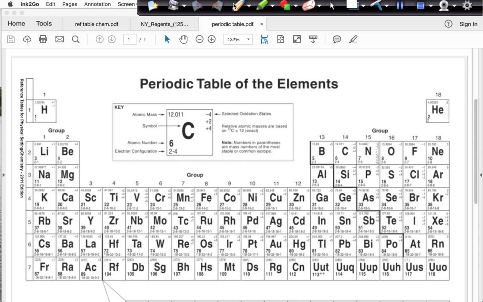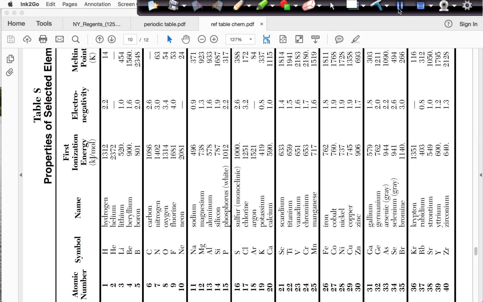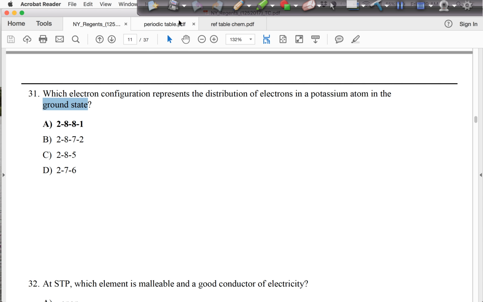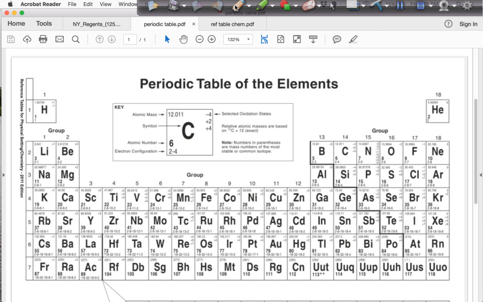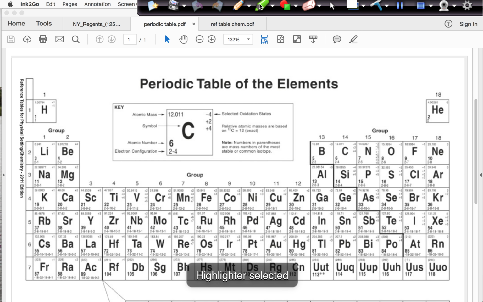In case you don't know the symbol for potassium, you can also look on reference table S. And on reference table S, when I find the element that we're looking for, which according to the exam is potassium, I see it right here, and I see that the symbol is K, and the atomic number is 19. So I'm going to switch back to my periodic table and look up the element with the atomic number of 19 and the symbol of K.